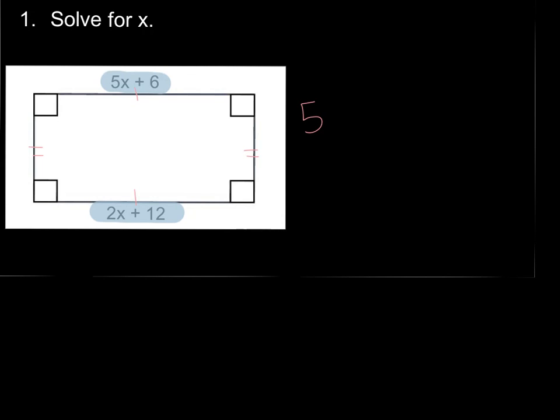To do that, we write the following: 5x plus 6, which is this side over here, equals 2x plus 12, the bottom side over here. Again, we can do this because the property says that opposite sides are congruent, and another word for congruent is equal. Okay, now that we have our equation, we can solve for x.